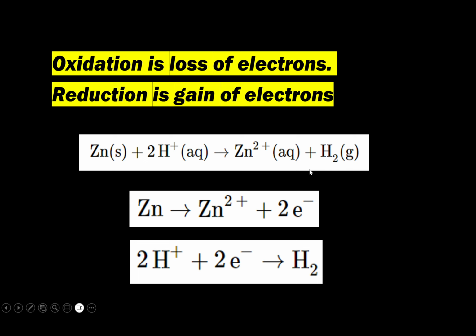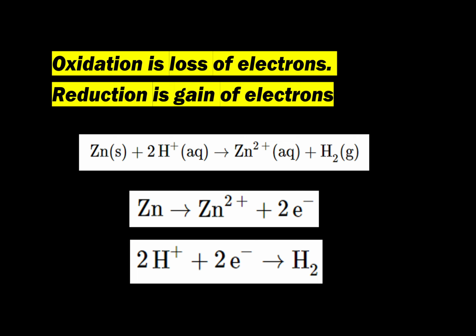When we talk about complete, we're talking about all the electron transfers within the reaction. The net flow of electrons is either loss or gain, but we're not going to talk about that right now, it's a little too much. Generally, oxidation is loss of electrons, reduction is gain of electrons.